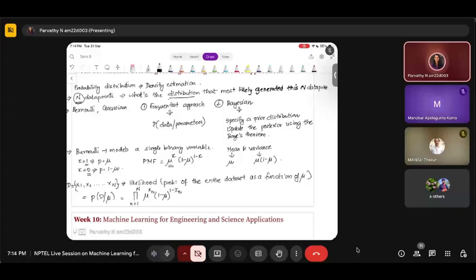So this is the probability of this entire data set as a function of mu. So this is the likelihood function.